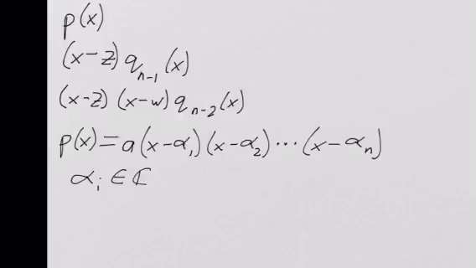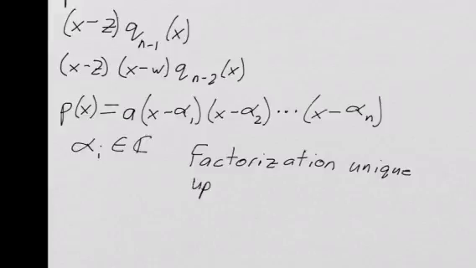And the further thing we have here is that this factorization that I've shown here is going to be unique up to order, meaning I could reorder these. And I will point out these alpha i's are not necessarily going to be distinct.